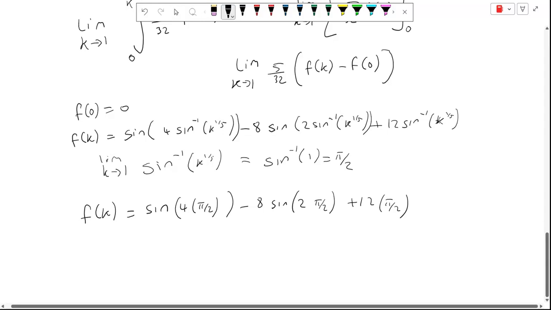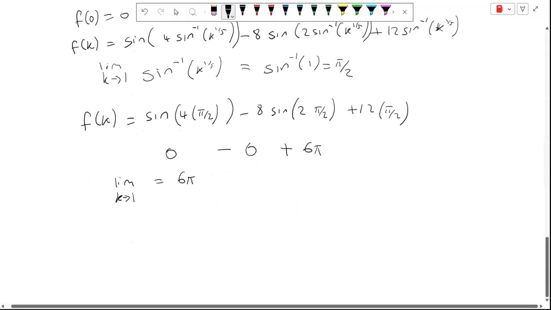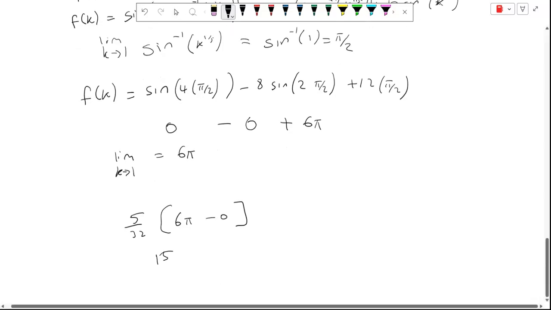And that's going to give me sine of 2 pi, which is 0, minus 8 sine of pi, which is 0, plus 6 pi. So the limit as k approaches 1 is going to be 6 pi. And so I've got to do 5/32 times by 6 pi. Remember, sine of 0 was 0. And so that's going to give me 15/16 pi.